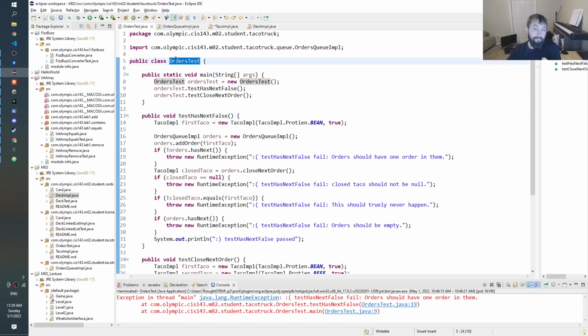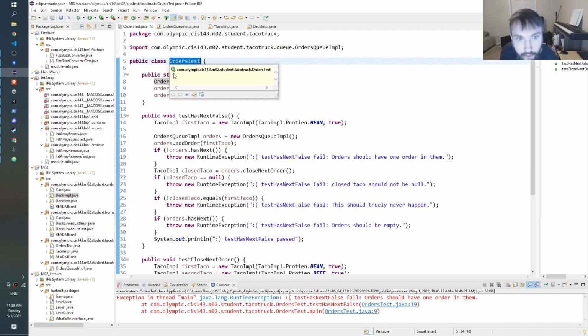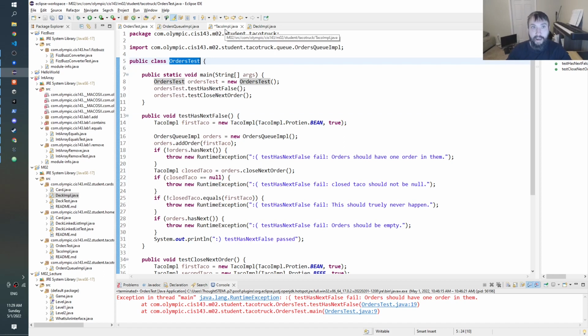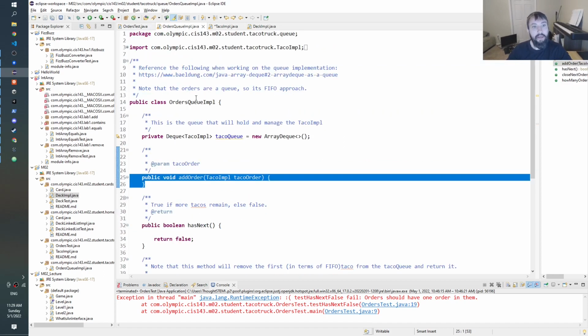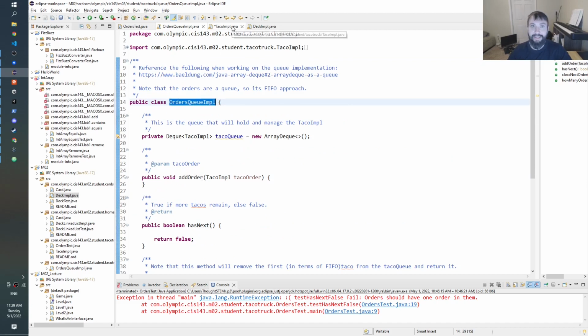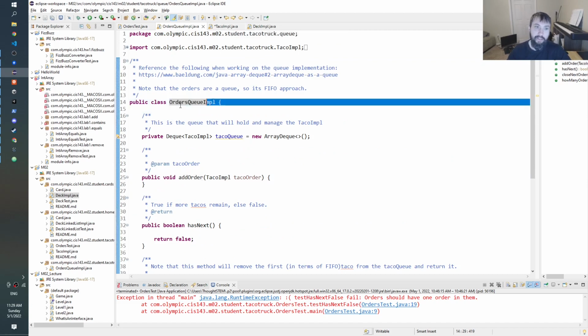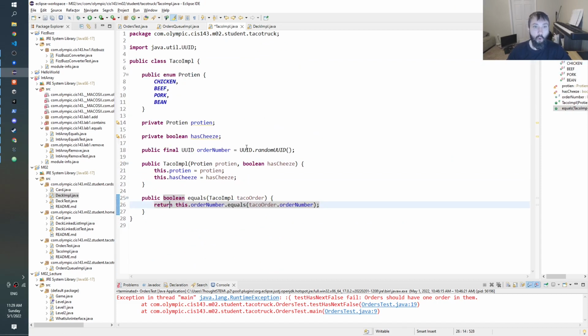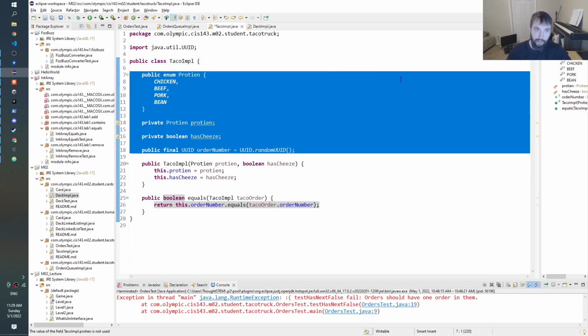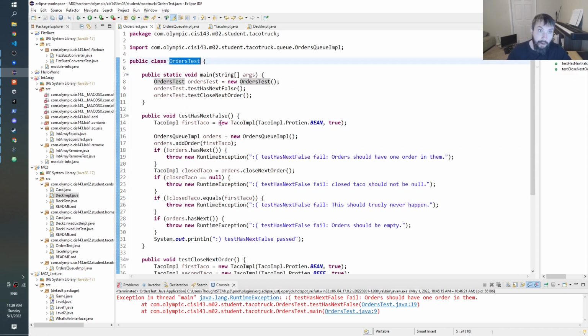So OrderTest is kind of an algorithm-heavy class. It's got code that is doing stuff with data. By contrast, TacoImpl and even OrderQImpl, I would say, are more on the data structures end of the spectrum for these classes. Their job is mostly to hold data, to store data, to structure it in a way that makes sense for the domain of taking orders in a taco truck.